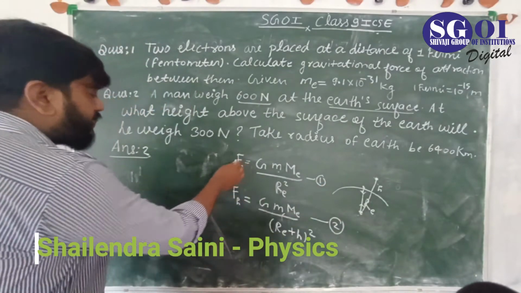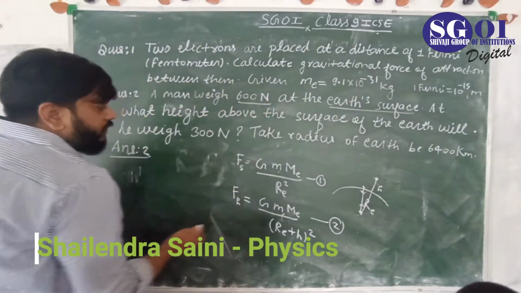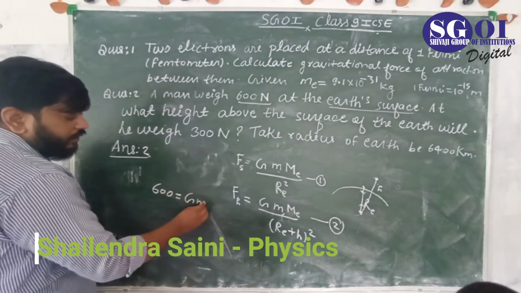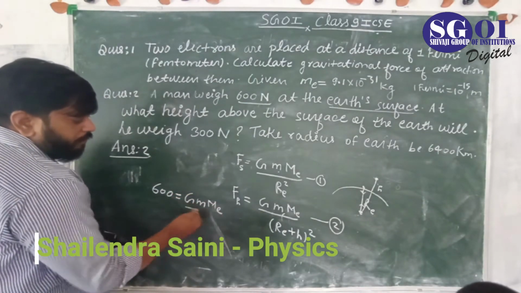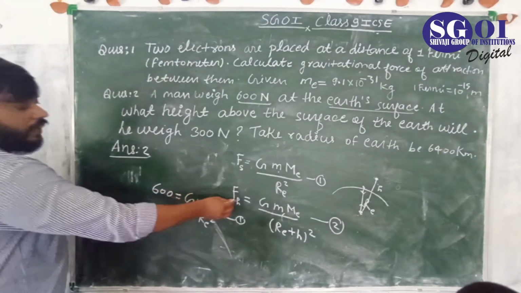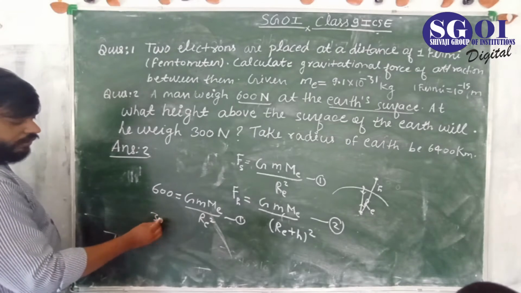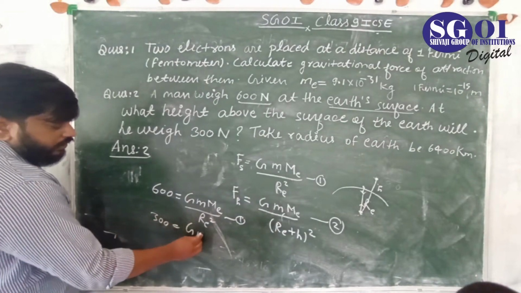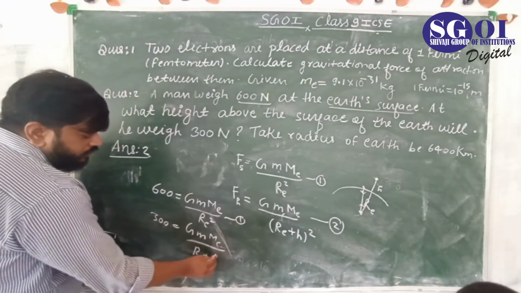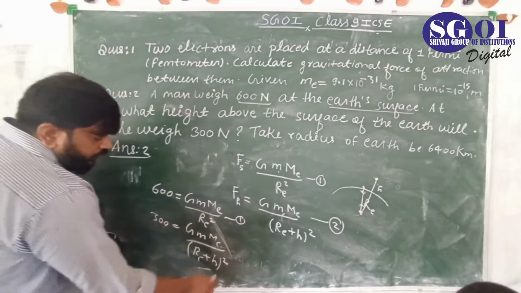Now put the value of Fs, 600 Newton: 600 equal to G M Me upon Re square. This is equation first. Now Fh is 300 Newton: 300 equal to G M Me upon Re plus h whole square.